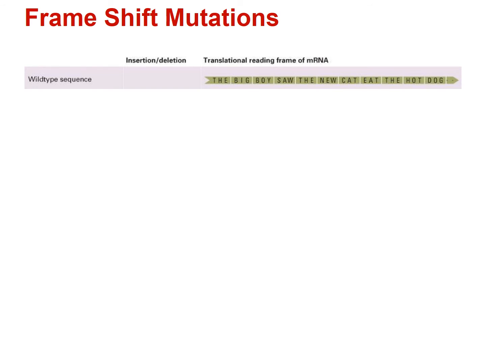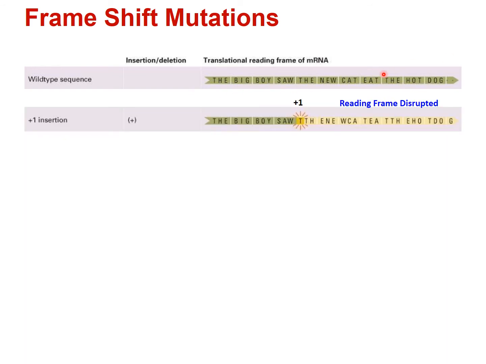Okay, this can be demonstrated very nicely with this sentence of 3-letter words. The big boy saw the new cat eat the hot dog. So when we look at what's happening with frame shifts, we can use this as an example. If a nucleotide is added, in this case another T, we see that up until that nucleotide is added, the sentence reads the same.